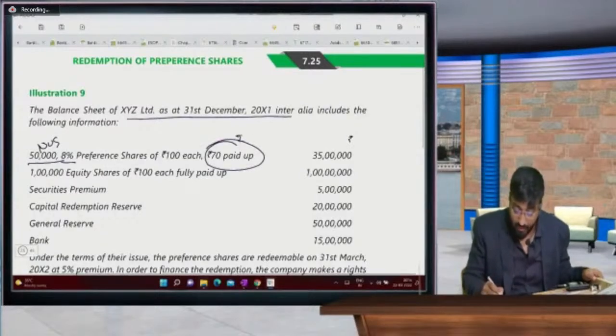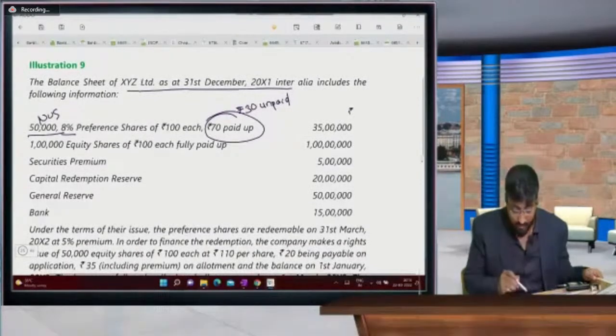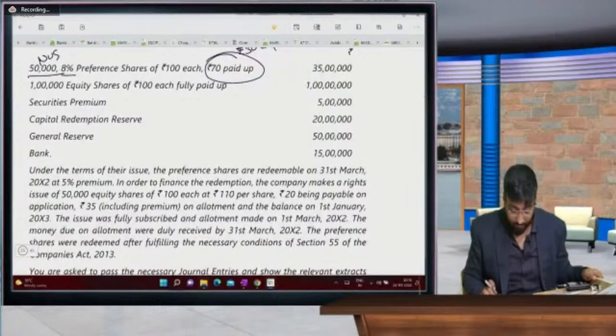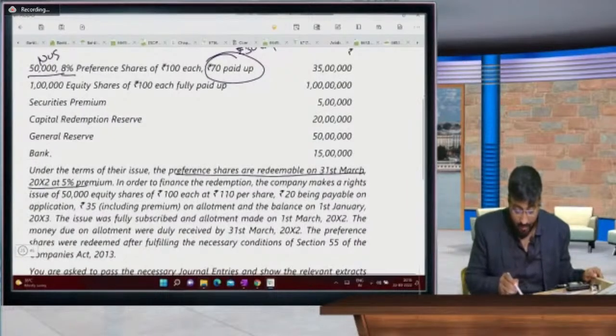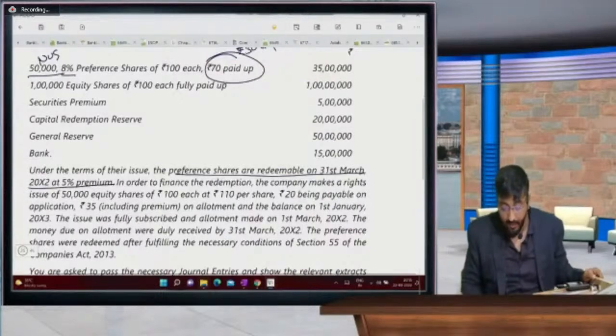So 30 is yet unpaid. 1 lakh equity shares, security premium, CRR, general reserve, bank. Under the terms, preference shares are redeemable at 5% premium.